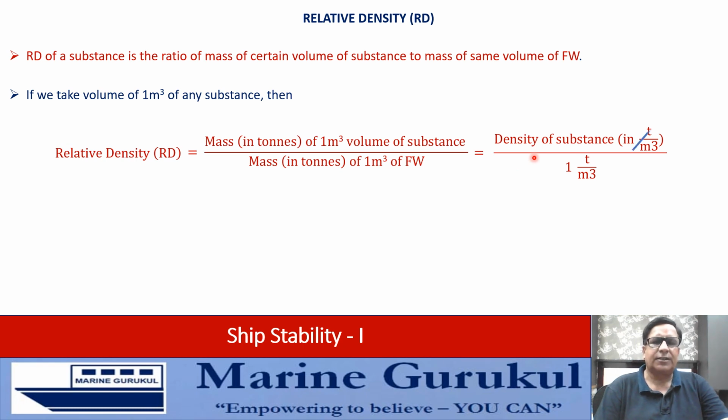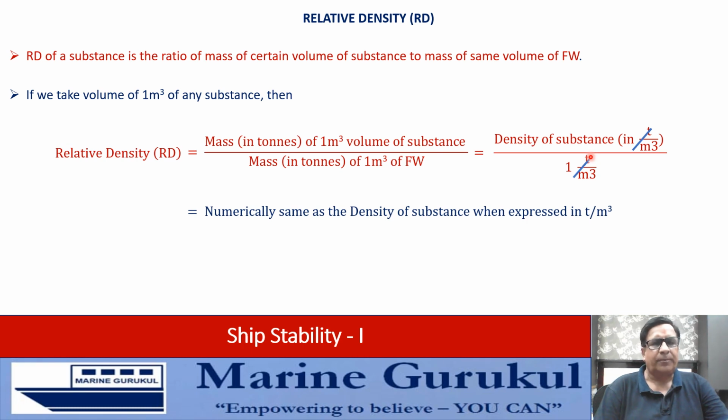And what do we see here then? These units get cancelled out, and we see that the relative density of the substance is numerically equal to the density of that substance when it is expressed in tons per cubic meter. So please pay attention, it will be equal only if the density is expressed in tons per cubic meter.